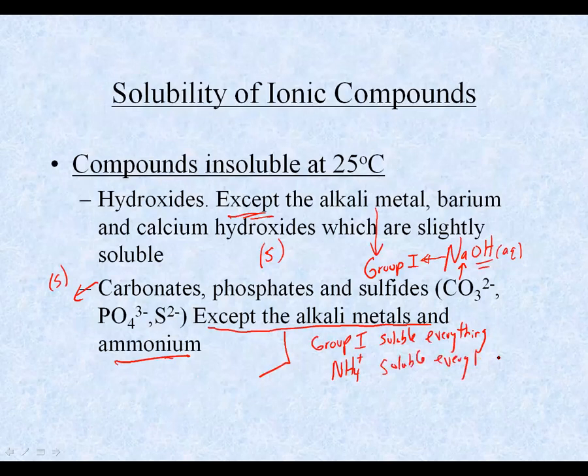So if you see something that contains carbonate, which is CO3, phosphate, which is PO4, or sulfide, which is S, they will most likely, 90% of the time, be insoluble, the exception being, obviously, something that contains group 1 or ammonium. Any questions on things that are typically insoluble?